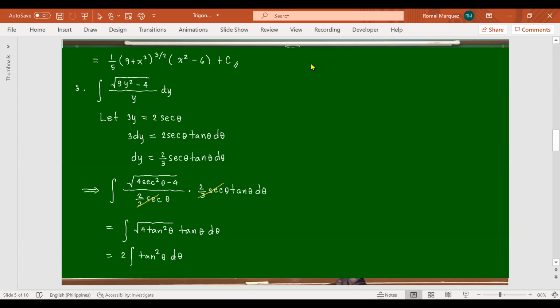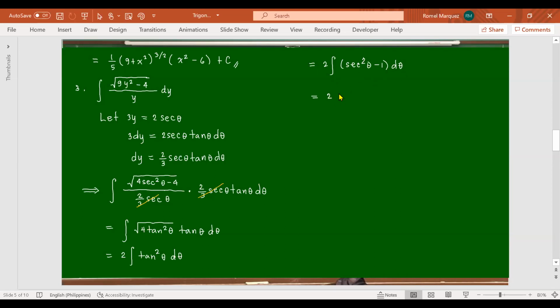So we have the integral of that. You have to transform that into secant squared theta minus 1. This is basic trigonometric transformation, d theta. So I can now evaluate its integral.